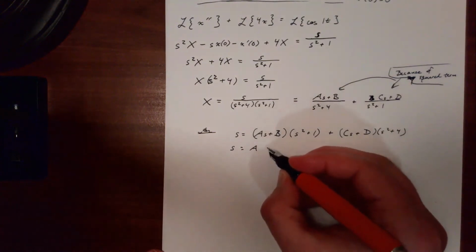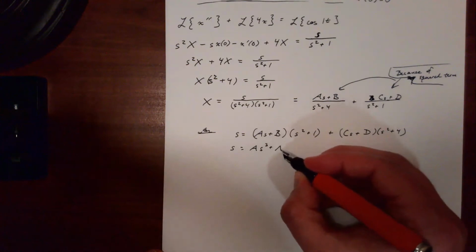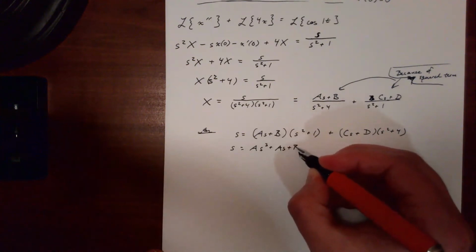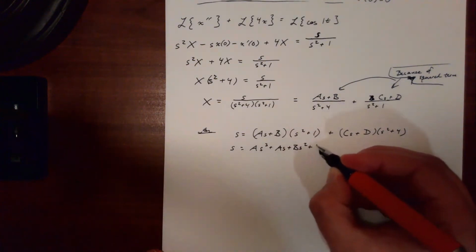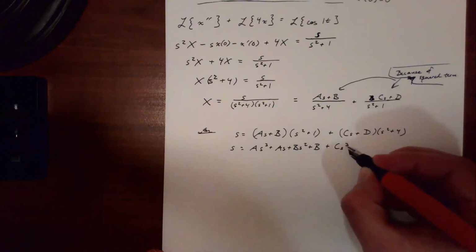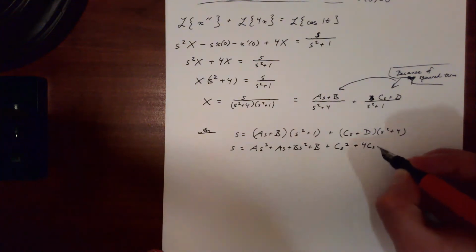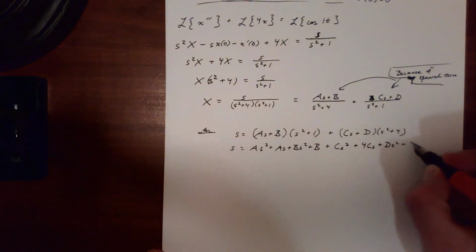So we have As to the third plus As plus Bs squared plus B plus Cs to the third plus 4Cs plus Ds squared plus 4D.